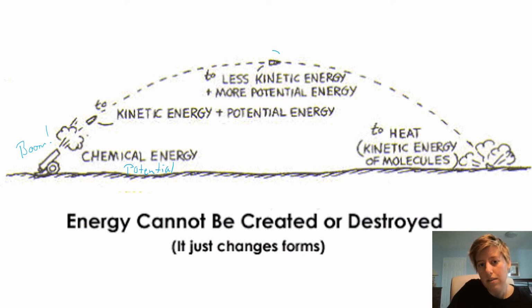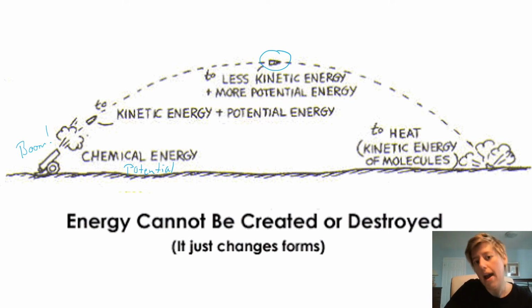And then once I get to the top of my parabola, at this moment, I'm not getting any higher, I'm not getting any lower. And at that exact moment, that split-second moment where my object is momentarily not moving, all of that kinetic energy is now changed into potential energy.